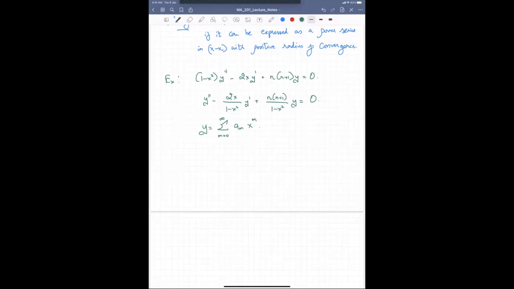But there are two things to worry about. First, look at the equation and find out what P of x, Q of x, R of x are by putting it in the standard form. Then once you put everything in the standard form, look for any demons hiding. If you expand this particular differential equation, I cannot write a solution of this form, right?